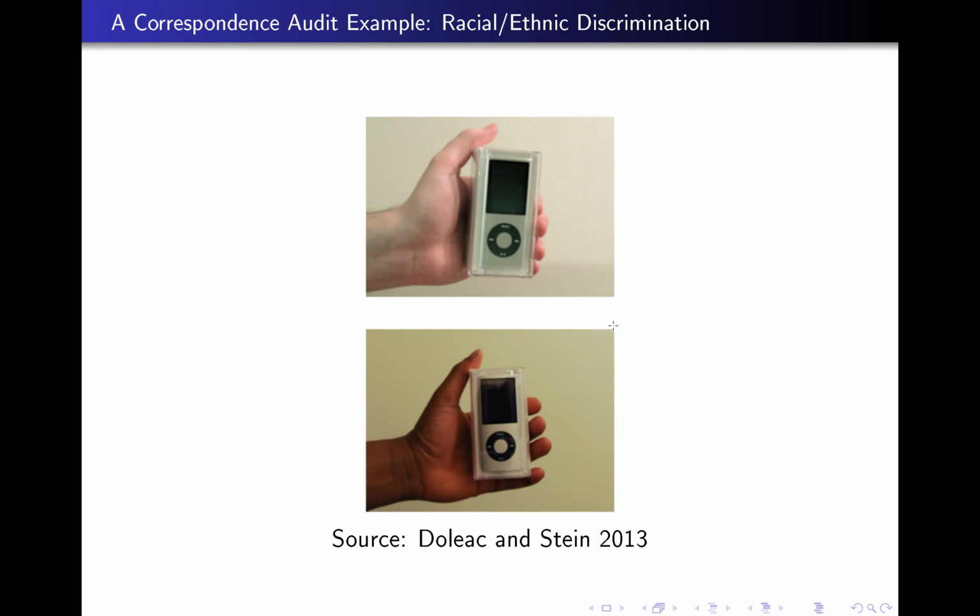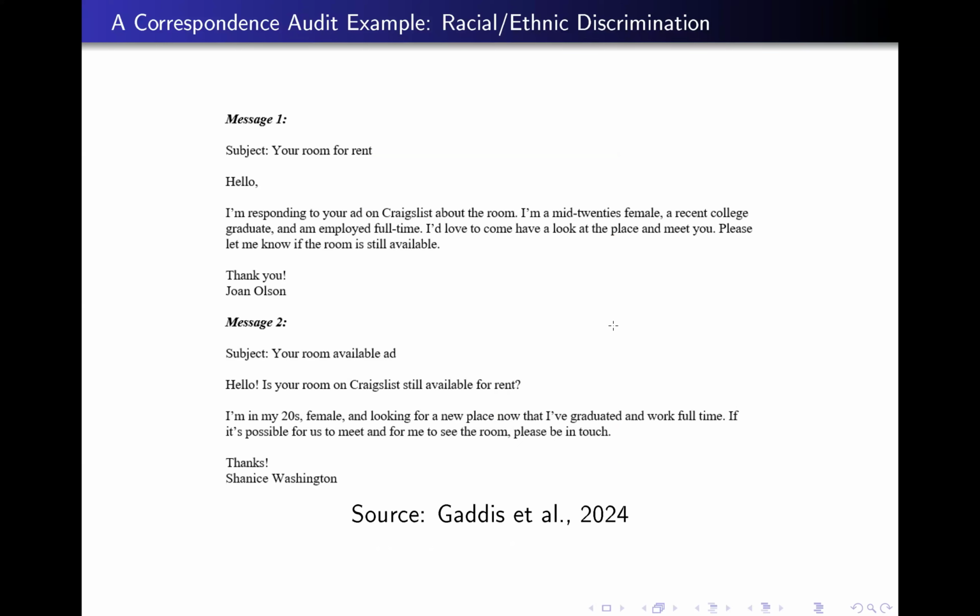But obviously, we're not going to always be able to use pictures. It's difficult to manipulate certain treatments and certain types of experiments. So this gives you a little bit better of an idea of what this might look like in reality for most correspondence audits, is that you're going to have some sort of email application, some sort of message correspondence where you have to change, in this case, race, although it could be gender, it could be numerous things.